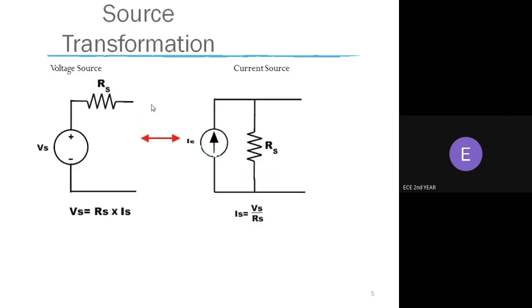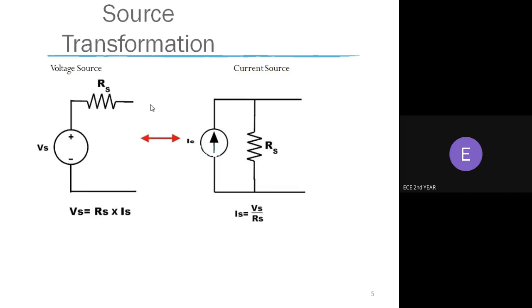Next one is source transformation. For easy calculation purposes, we are in a position to convert the voltage source into a current source, and vice versa, a current source can also be converted into a voltage source.